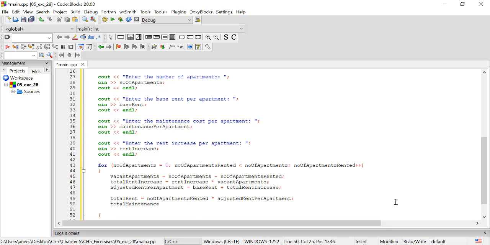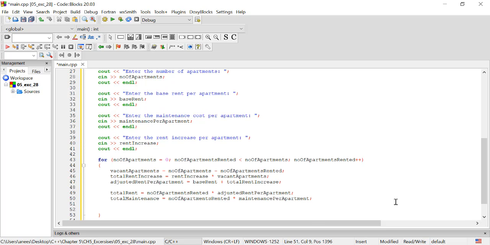Total maintenance is equal to number of apartments rented times maintenance per apartment. Now the profit is equal to the total rent minus the total maintenance.